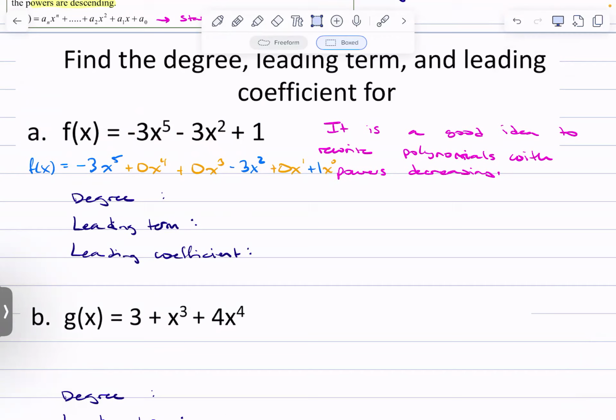The degree for this thing looks like it's 5. Highest power is 5. The leading term must be negative 3x to the 5. The leading coefficient is that negative 3.